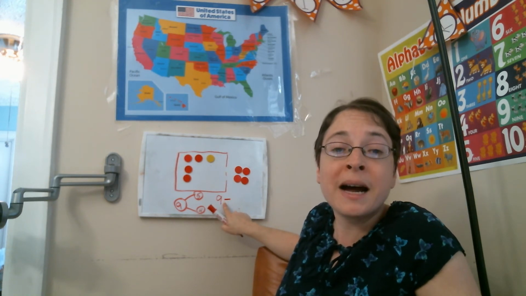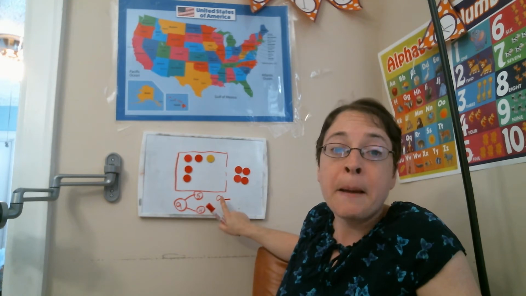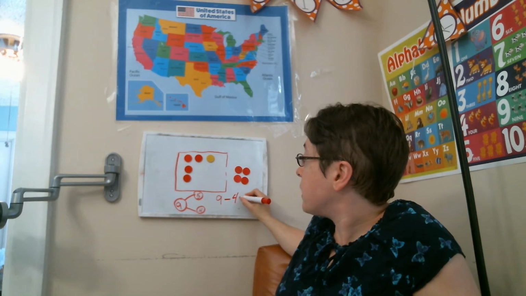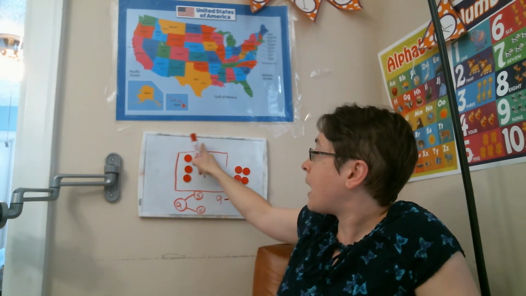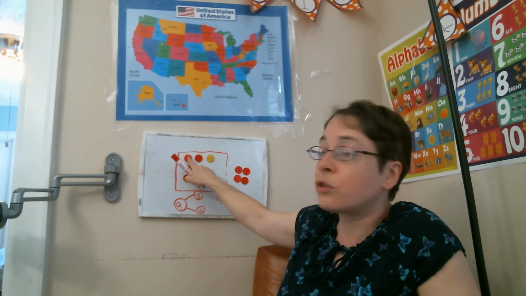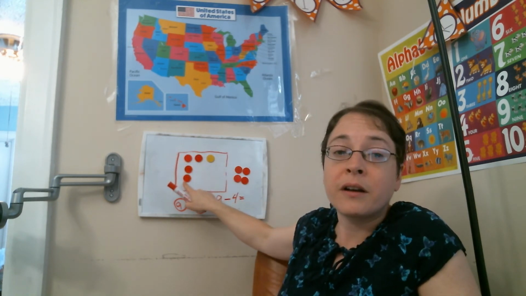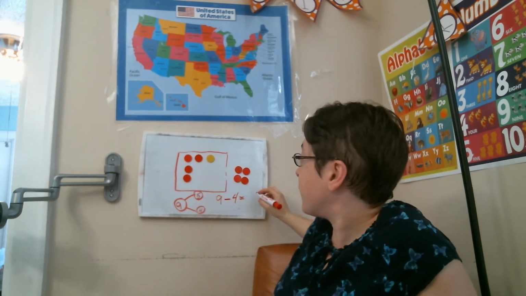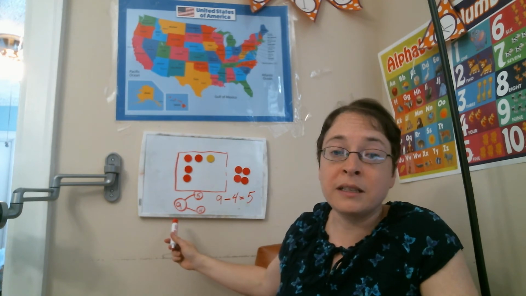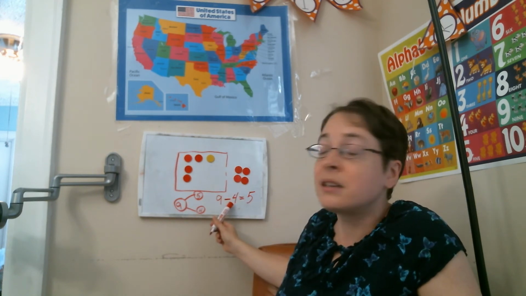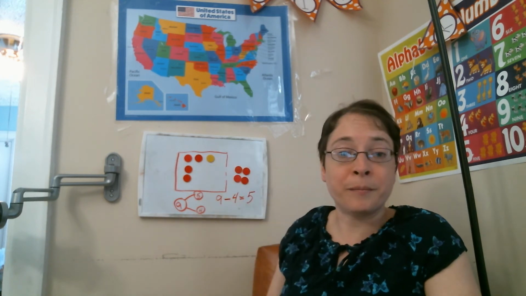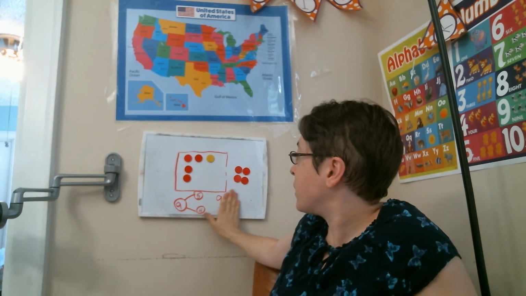This is called minus. 9 minus 4 equals how many are left? 1, 2, 3, 4, 5. Very good. So there is your number bond, and there is the number sentence for our problem. All right, very good.